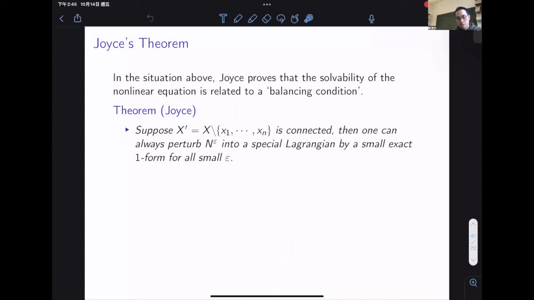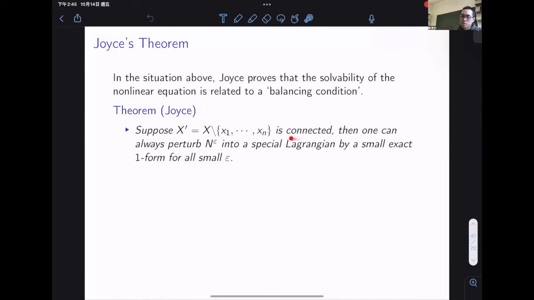Let's state Joyce's theorem. If X' is connected, then we can always perturb this N_epsilon into a special Lagrangian by a small exact one-form, for epsilon small enough.